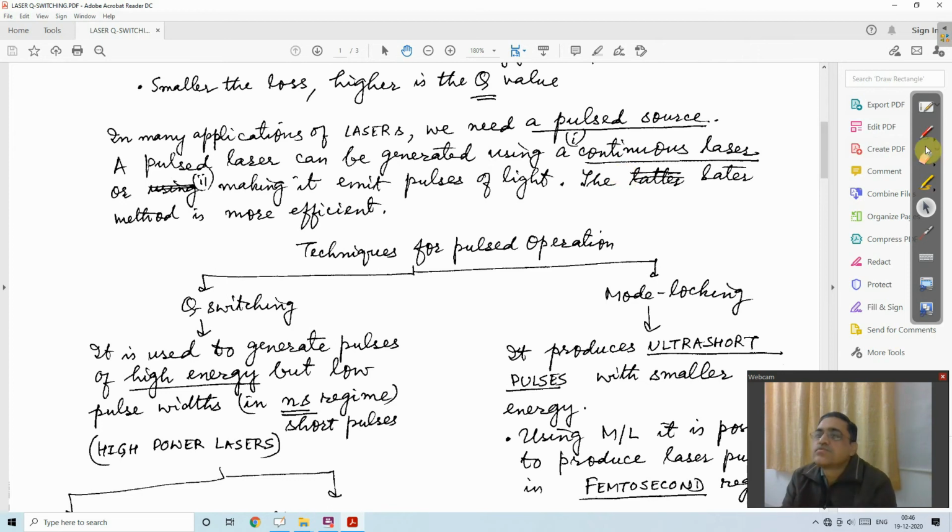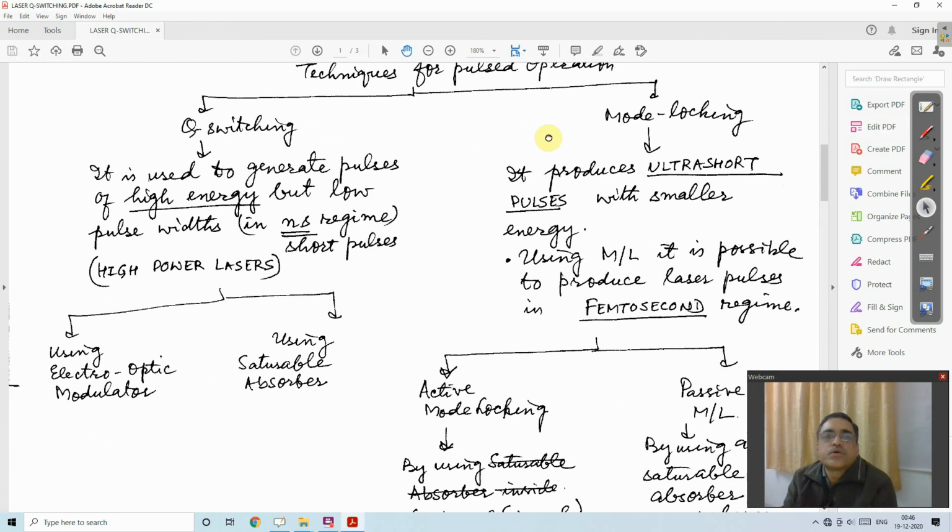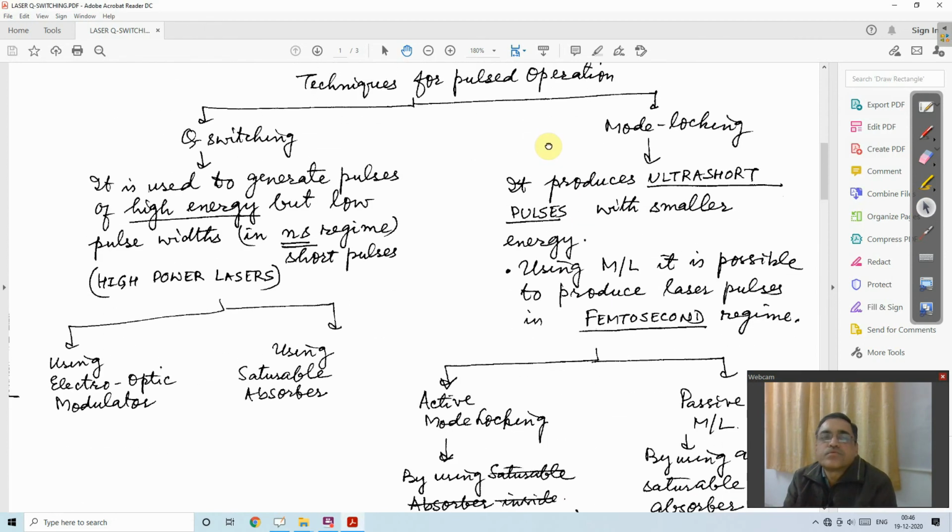The techniques of producing pulsed operation are Q switching and mode locking. Q switching is used to produce high energy pulses, in high power lasers.